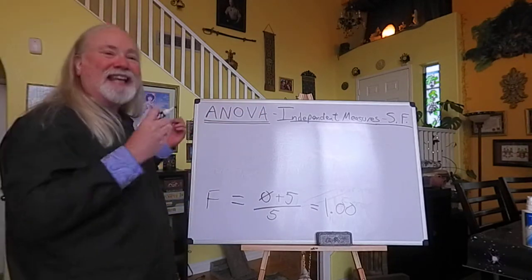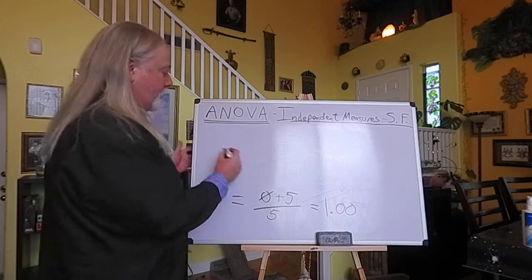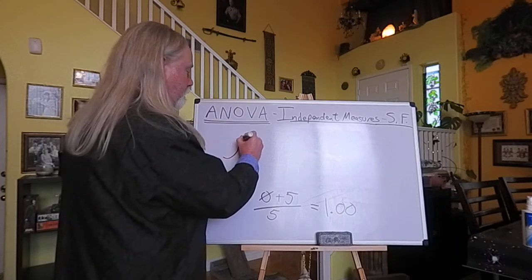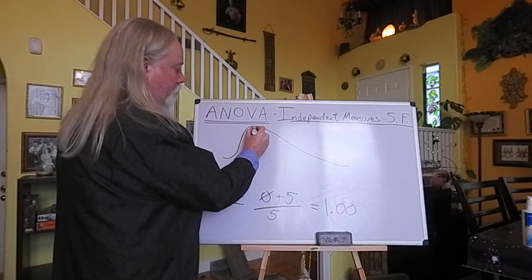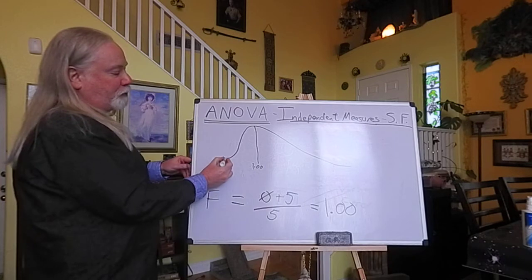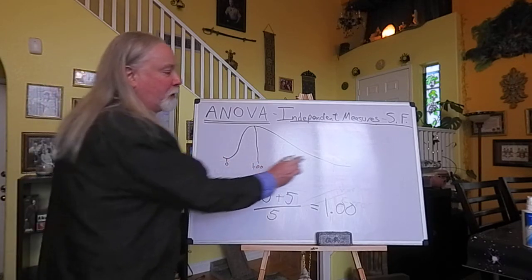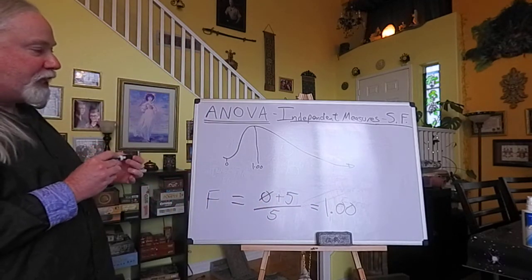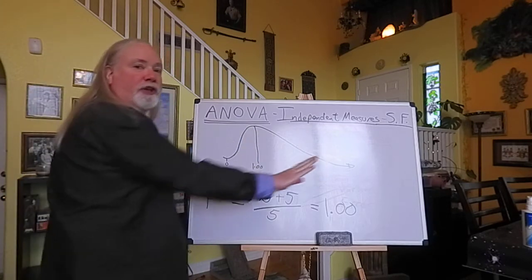But now, because we can't get negatives, our F distribution is going to look like a skewed distribution. So the lowest we can get here now is 0. There are no negative values. And so they're all going to be positive values out to infinity. So there's no such thing as a two-tailed test. There is no left-hand tail. It's always to the right.